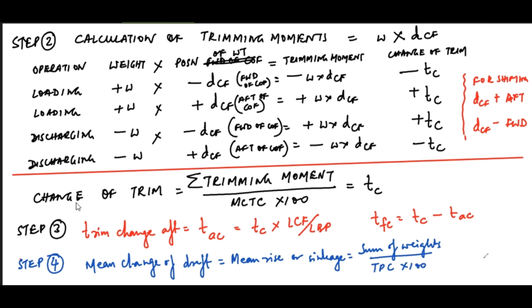Sum of all the weights divided by TPC into 100. If it is plus, then it is sinkage. If it is minus, then it is rise. So mean change of draft, mean rise or sinkage, is equal to this.